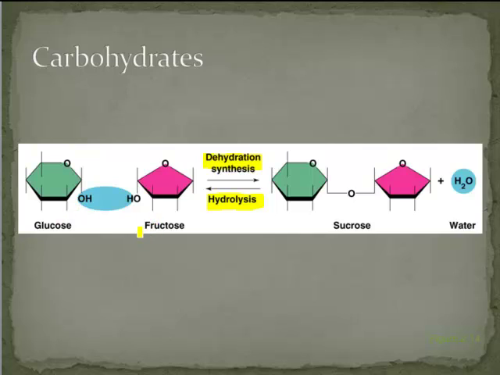The glucose has an OH, the fructose has an OH, and what we can do is remove water, H2O, from these molecules, and by doing that we're able to bond them together. This is called a dehydration. We're dehydrating the molecules to form a larger molecule.